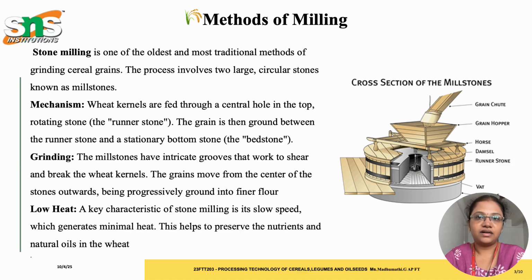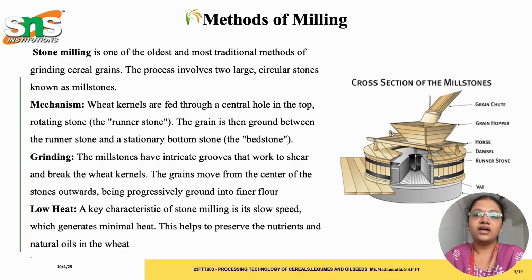The basic traditional method is stone milling. Based on this traditional stone milling method only, the modernized or automated machines have the technique behind them. Stone milling is the oldest and traditional form, but that mechanism is still followed in the latest machines used for milling wheat grain.